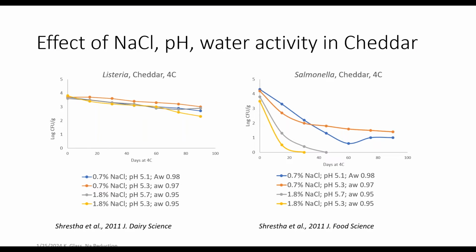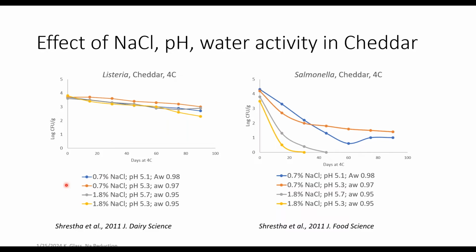Cheese ranks in the top 10 of food categories that contribute to dietary sodium intake, making it a target for sodium reduction. But unlike when salt is substituted with potassium chloride, simply eliminating salt may not provide equivalent level of safety. Studies compared the inactivation of pathogens inoculated into a standard cheddar with 1.8% salt and a reduced sodium cheddar with only 0.7% salt.